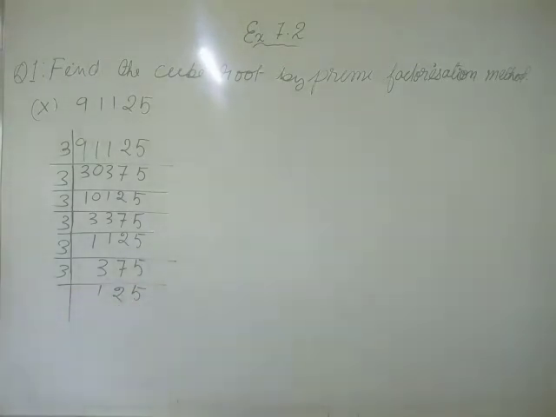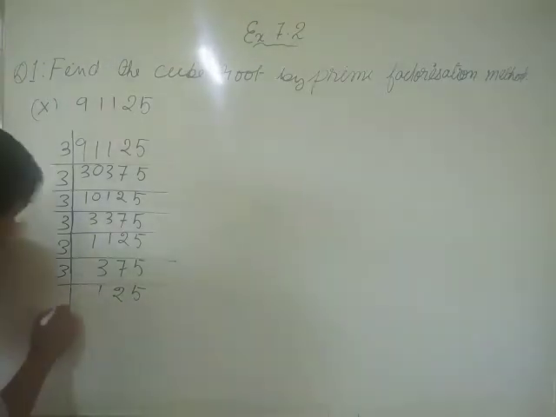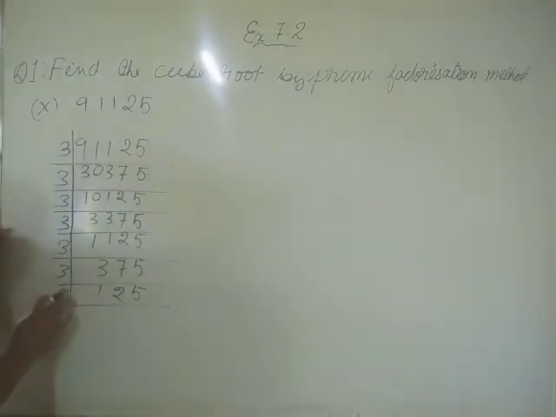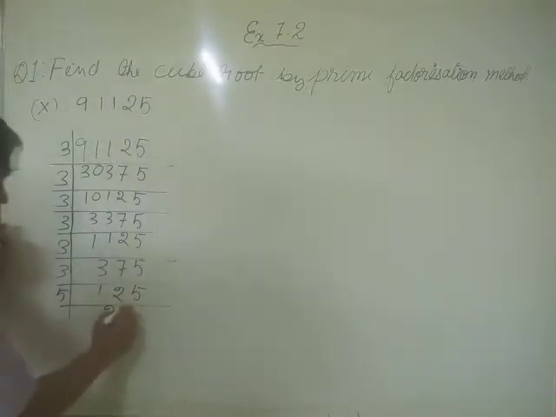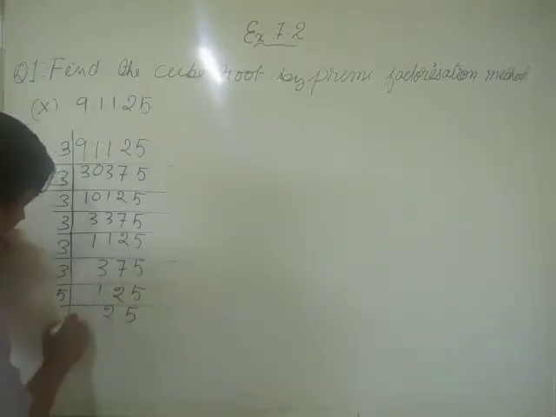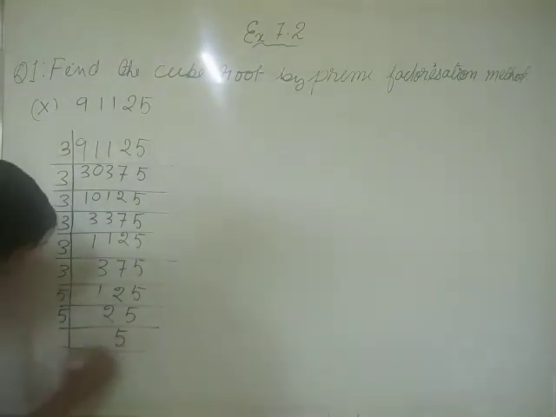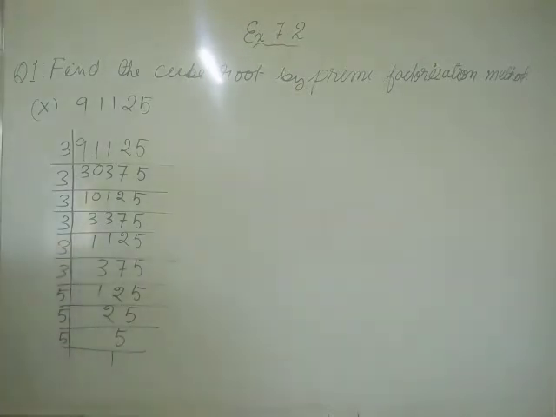Now we got here a number that we cannot divide by 3, so we will divide by 5. 5 2s are 10, then 5 5s are 25, and here 5 5s are 25. So these are the numbers. If you want, you can still continue one more like this. These are the prime factors of the given number.